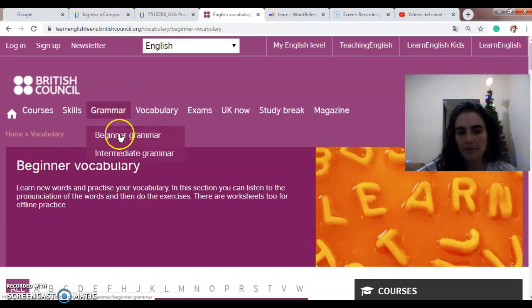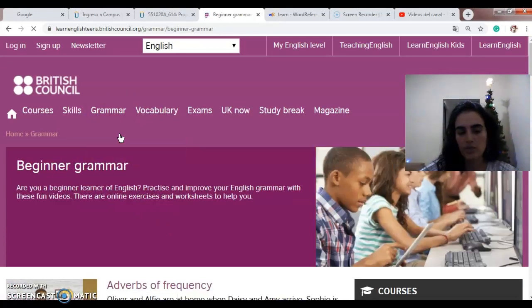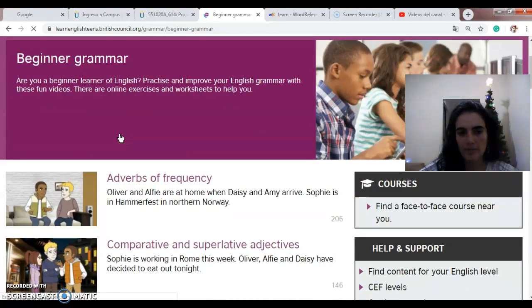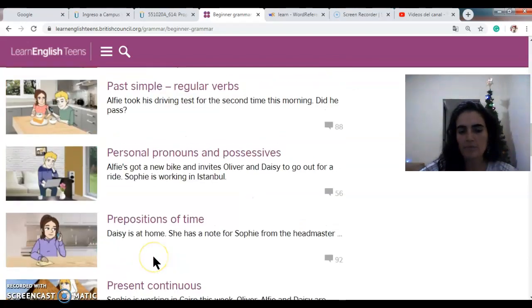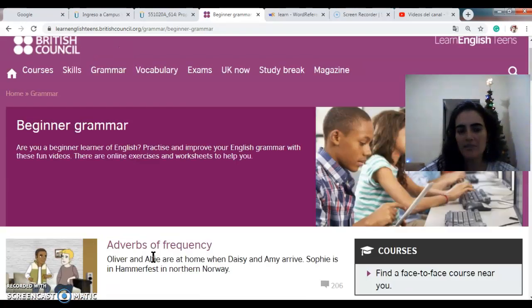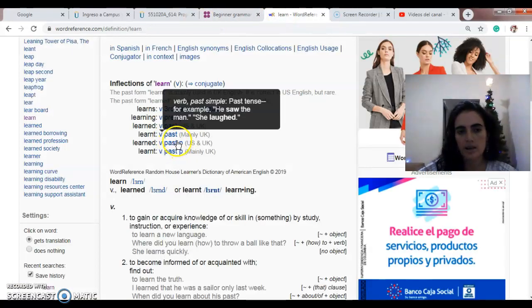And in the grammar for beginners, the student can find adverbs of frequency, conjunctions, past simple, and more activities that can help the student improve their skills in the foreign language. The other one is WordReference.